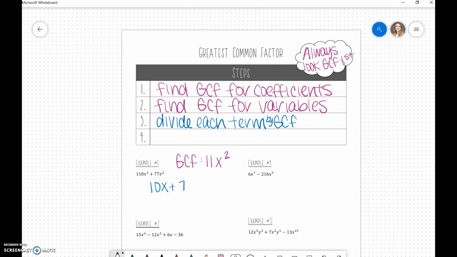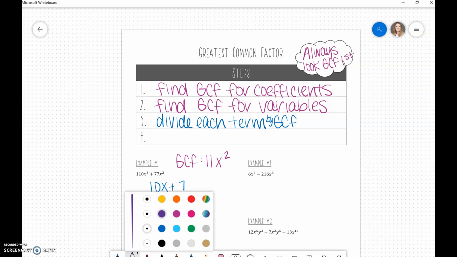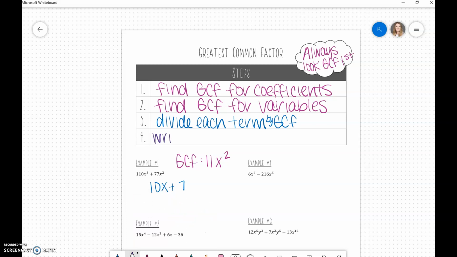Now, we can't just rewrite an expression by dividing by the greatest common factor because we've now changed that expression completely. To finish out factoring by the greatest common factor, we have to make sure that we write it then in factored form afterwards.